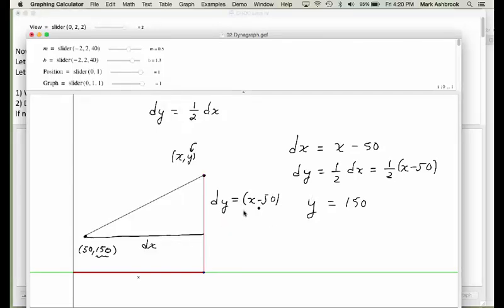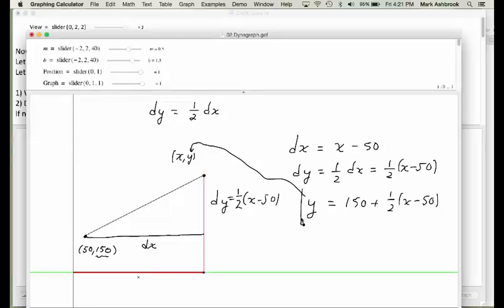Oh, this should be 1/2. I have it right here, but I didn't write it right here. So the 150 is the initial amount that your friend started painting plus the change would give the new final amount that your friend had painted in total.